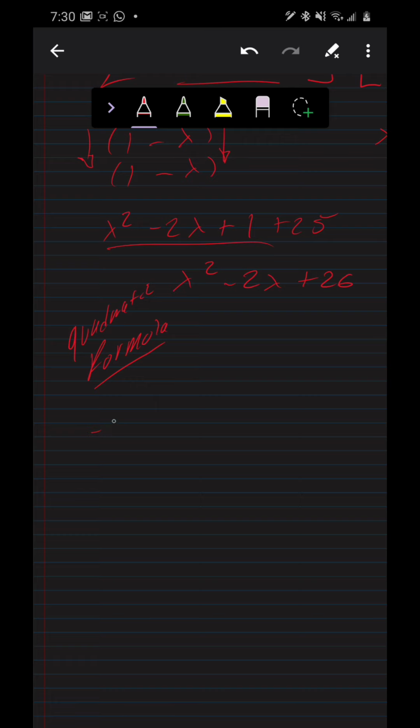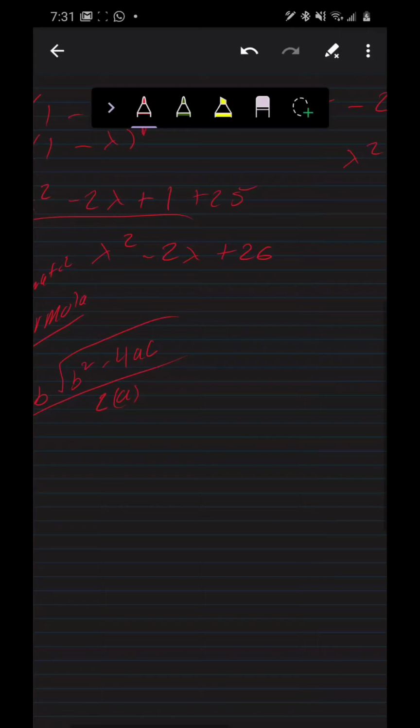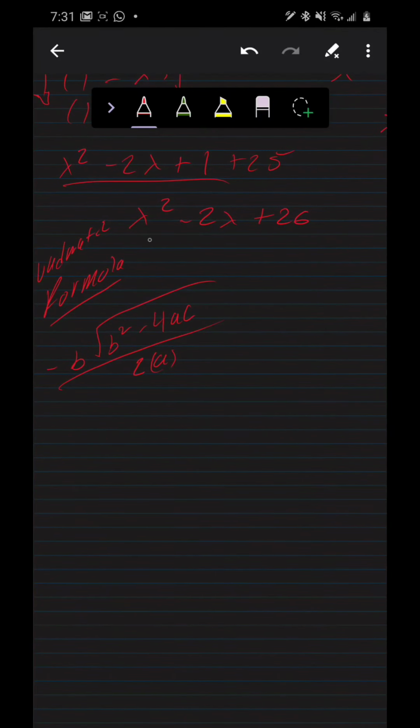The quadratic formula is negative b plus or minus the square root of b squared minus 4ac, all divided by 2a. Now for this equation, this is our a, this is our b, and this is our c. Okay?